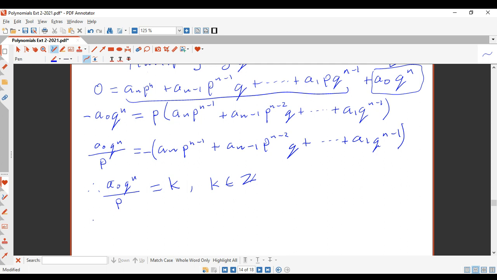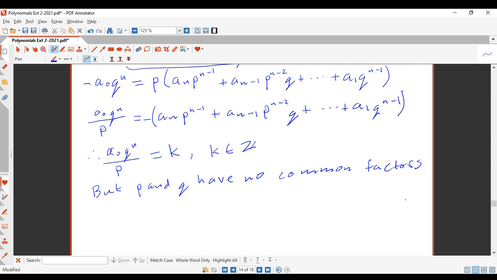So I'd say, but p and q have no common factors. Okay, so therefore p divides a naught.